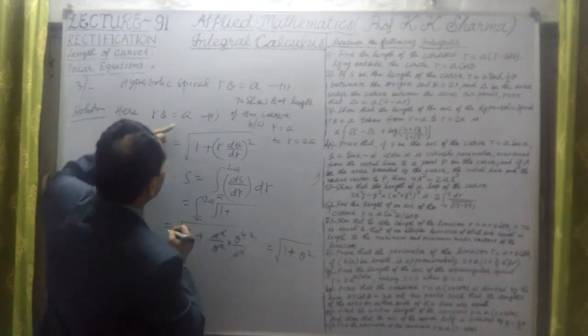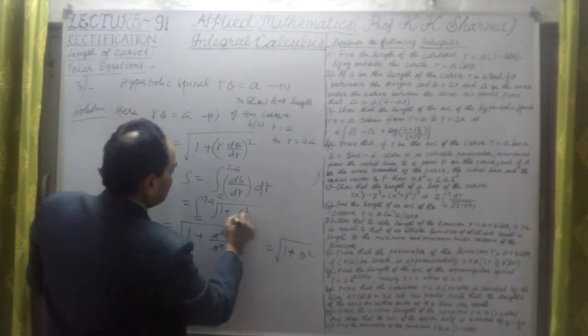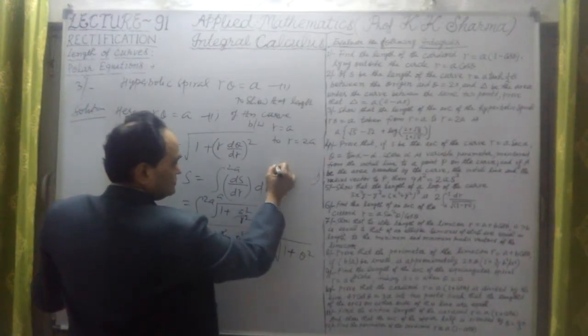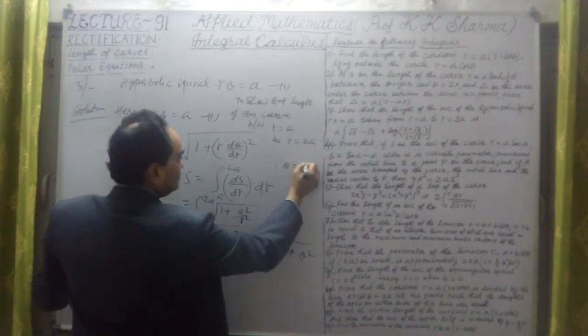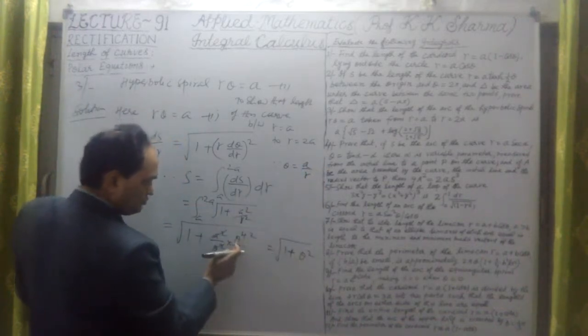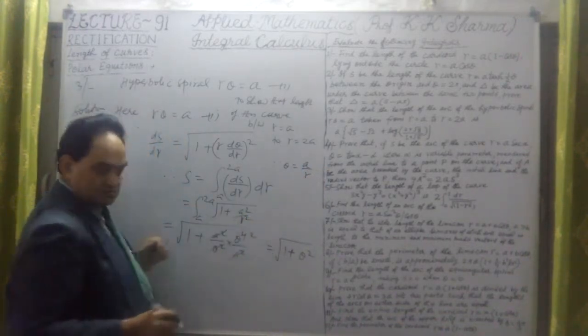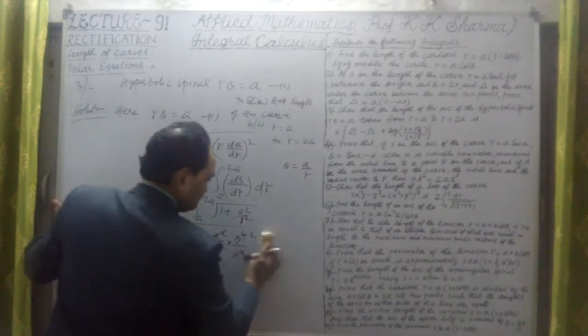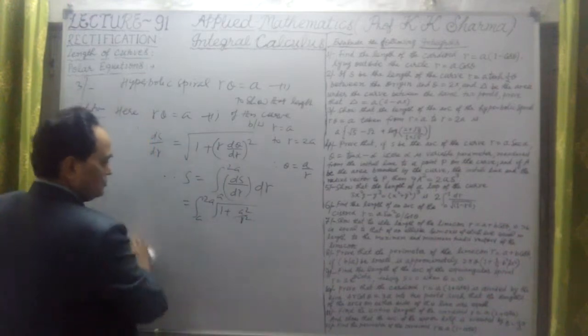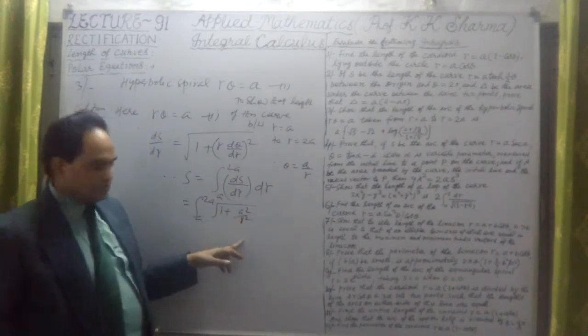Now theta square, since theta is equal to a upon r, will be a square upon r square, into dr.